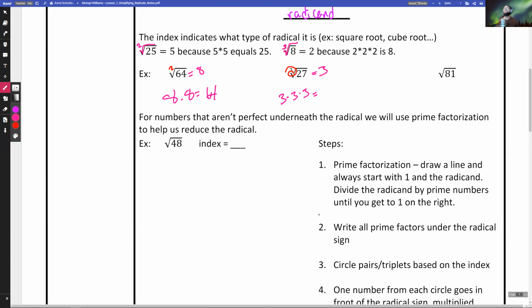We don't have a number written in. There's nothing outside on the porch, so we know it's going to be 2. So the square root of 81 is going to be equal to 9. And that's because 9 times 9 is equal to 81. Or 9 squared is equal to 81. Okay? So that's how we think about these different things.